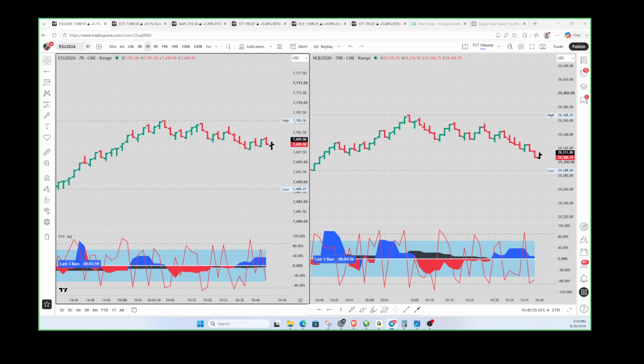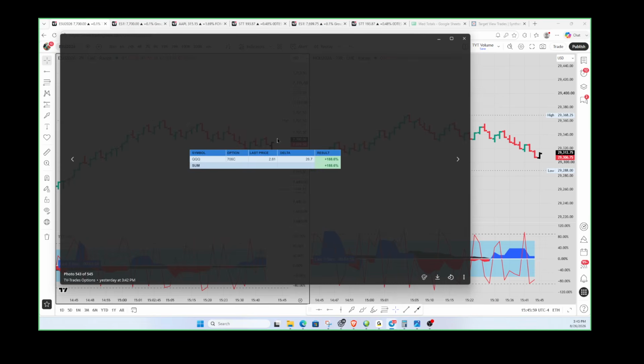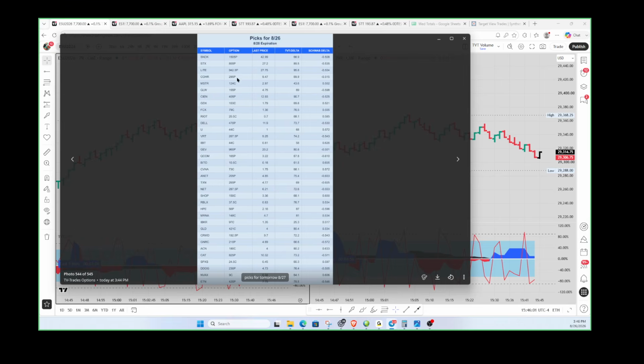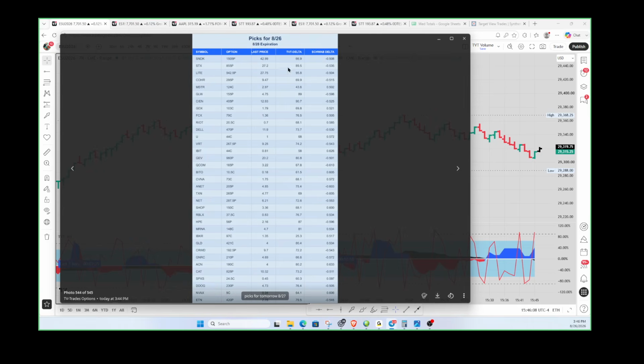As far as these guys, yeah, there's a ton of them in there. There's not usually that many, but you saw how many there were when I copied and pasted them all. Sometimes I might just go through and only give you the first 4 groups instead of all of them when there's that many. But you can go through here and pick the ones that I like to trade.